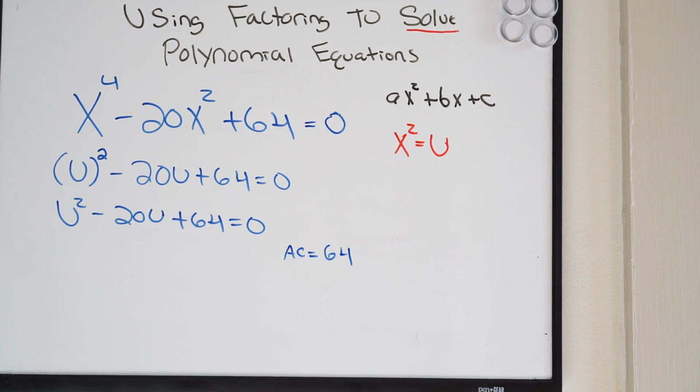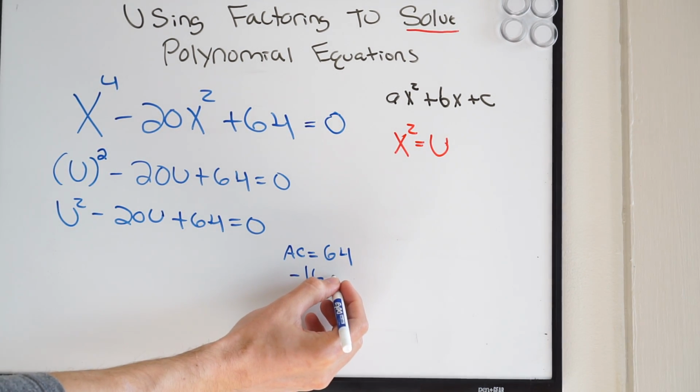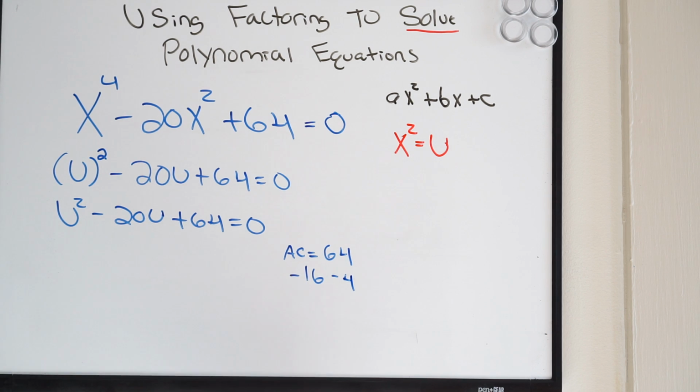And then we say to ourselves, what two numbers, when we multiply, are going to be 64, but add up to negative 20? It looks like those two numbers are going to be negative 16 and negative 4. When I multiply the two, that will be positive 64. When I add the two, it will be negative 20.